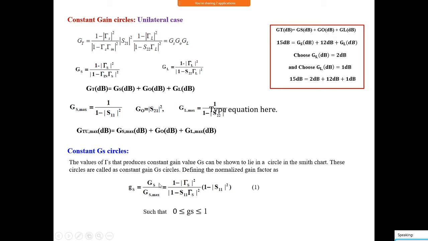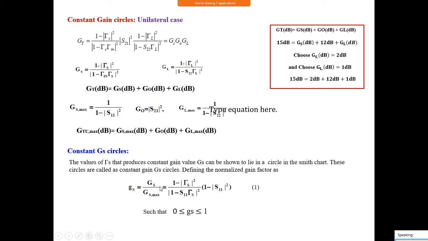So it changes like that. It is associated with the needed value of the gain, because GS maximum is fixed and GS may be anything based on your requirement.